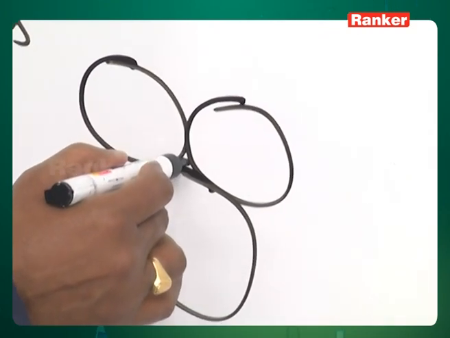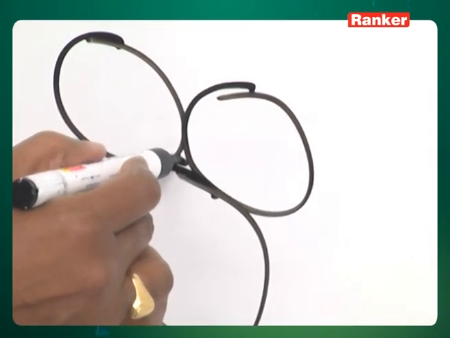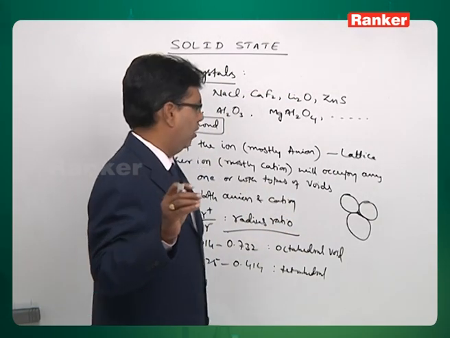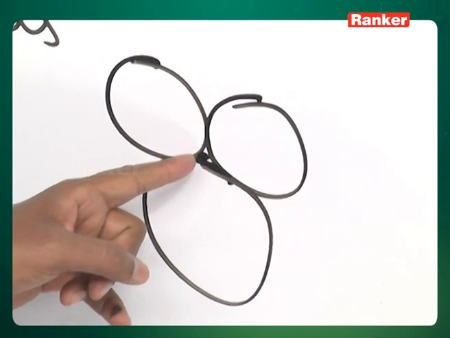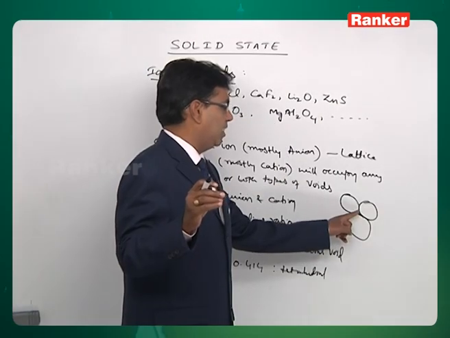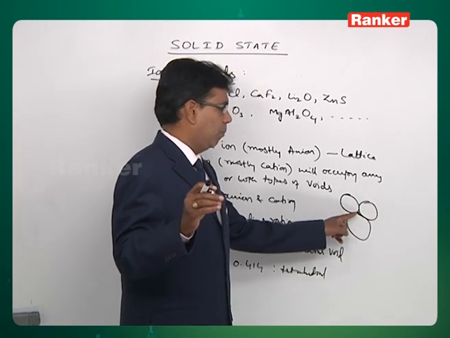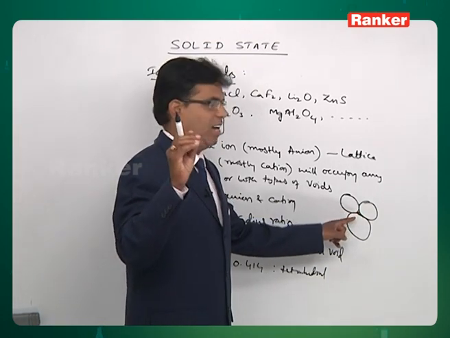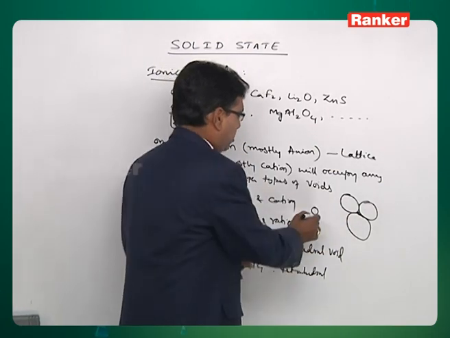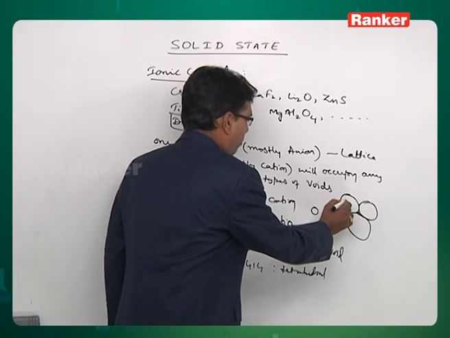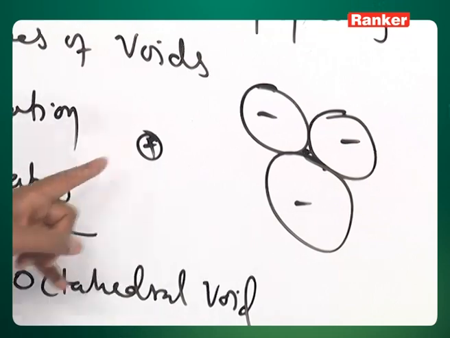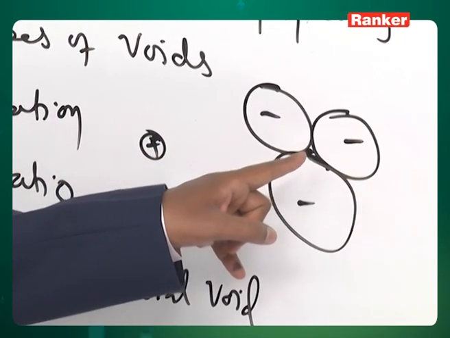Now, the ion that should occupy this space should be sufficient enough in radius that it exactly fits over here, either exactly or a little less than that. Suppose these are anions, negatively charged, and this is positively charged; then this positively charged cation will occupy this void space.